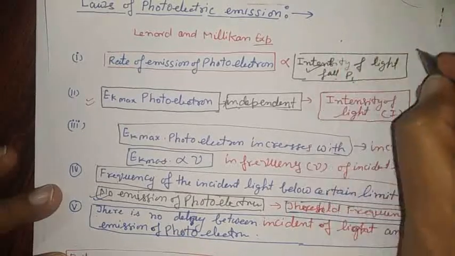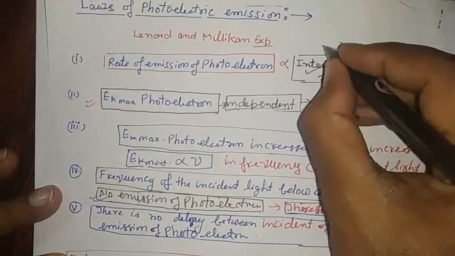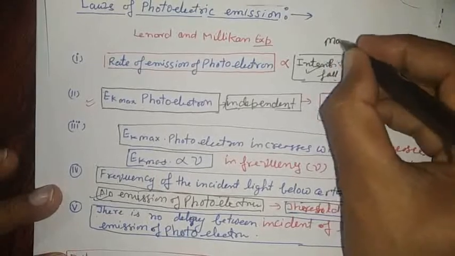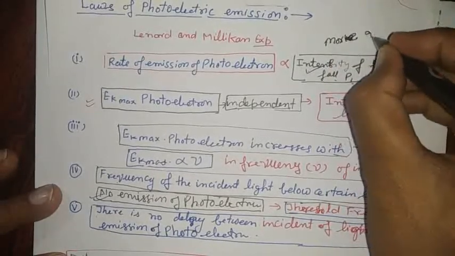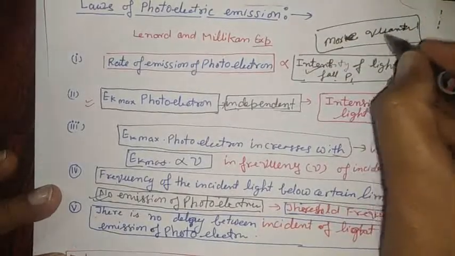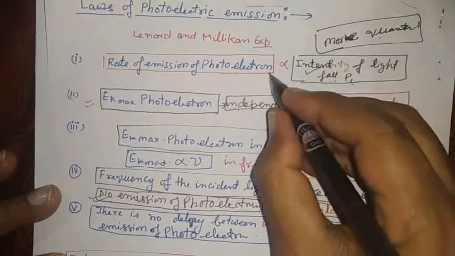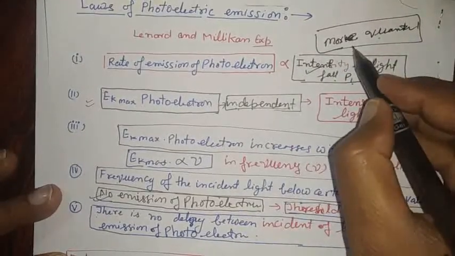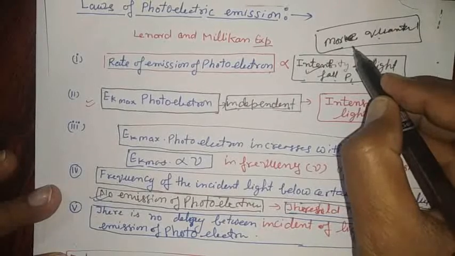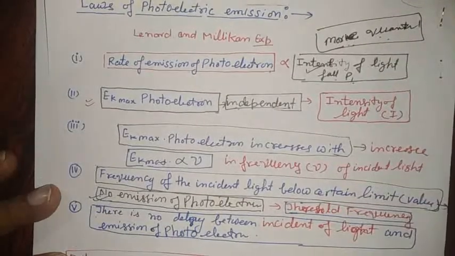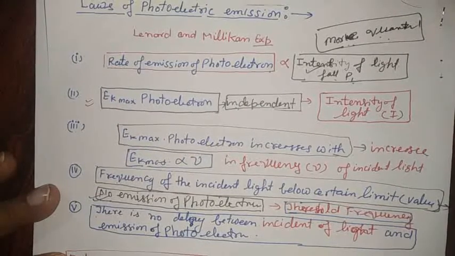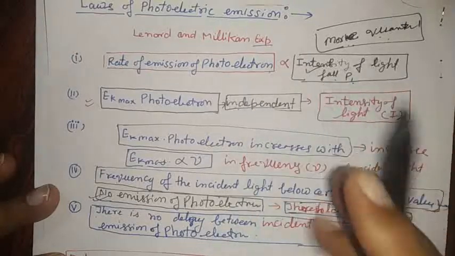More intensity of light means more photons or more quanta strike the plate, according to the quantum theory. So these more quanta will be absorbed by more electrons. As a result, more electrons will be emitted.